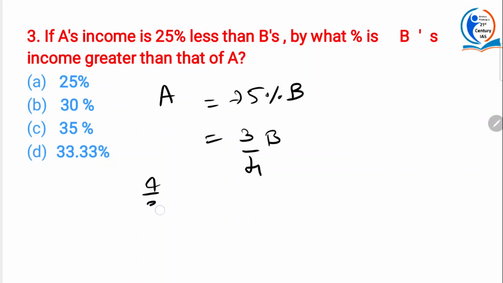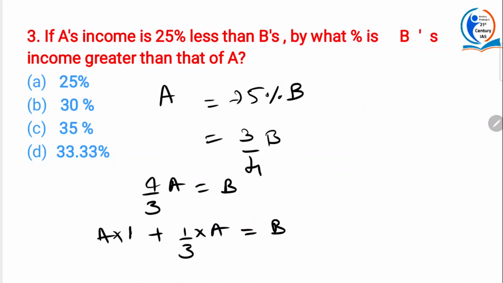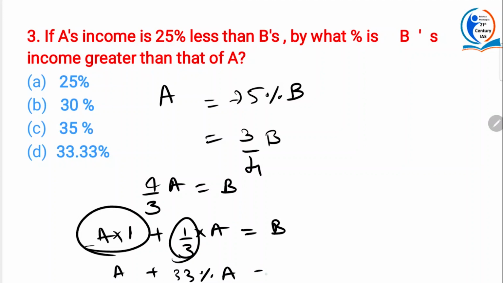B will become 4 by 3 of A. Now, 4 by 3, I can write it as 1 plus 1 by 3. So, this 1 into A is equal to B. Now, A is the original number. What is 1/3? It is 33% of A, no? So, B is 33% more than A.